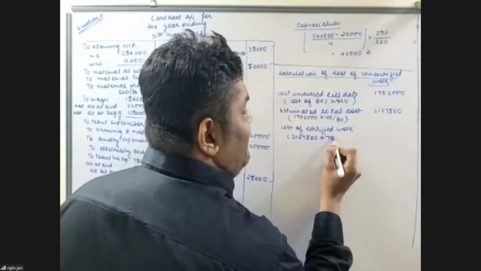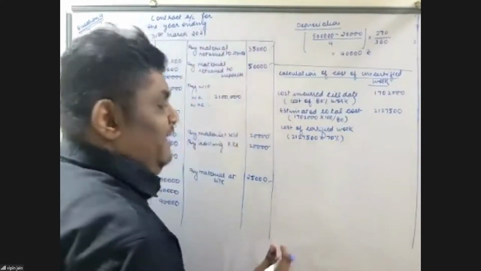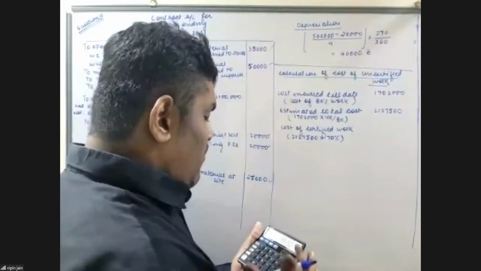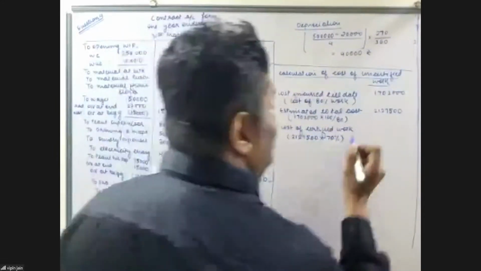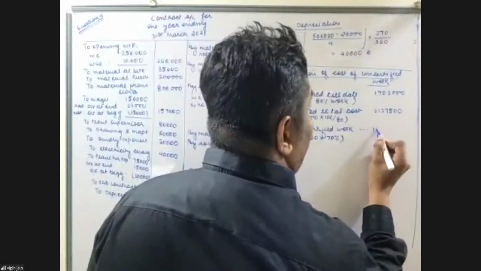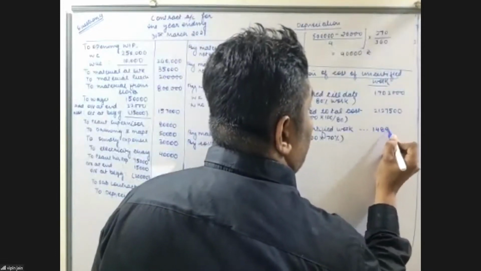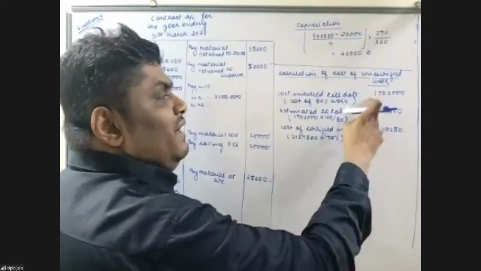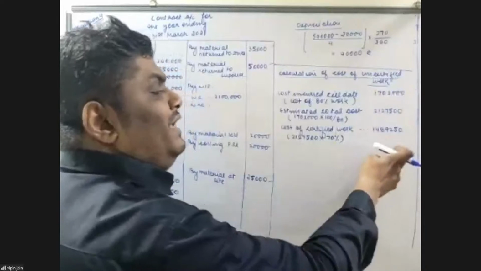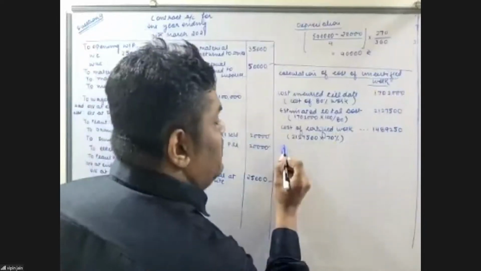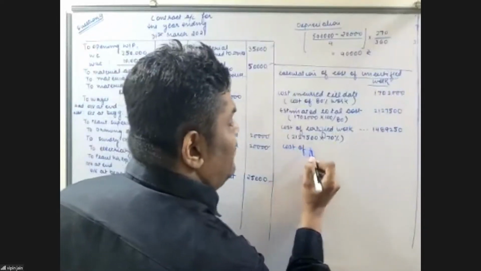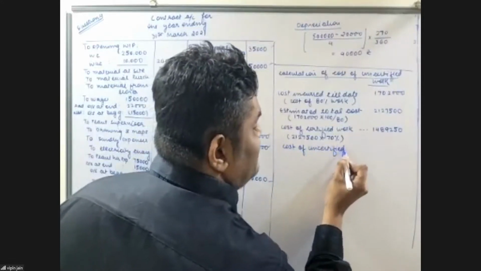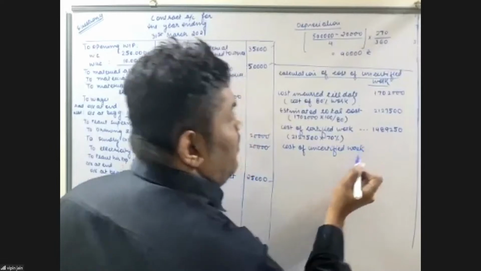Of this, 70% cost is already certified. It means 14,89,250 is already certified. So of the cost incurred, 17,02,000, 14,89,250 is certified. So how much will be the cost of uncertified work? Very simple.